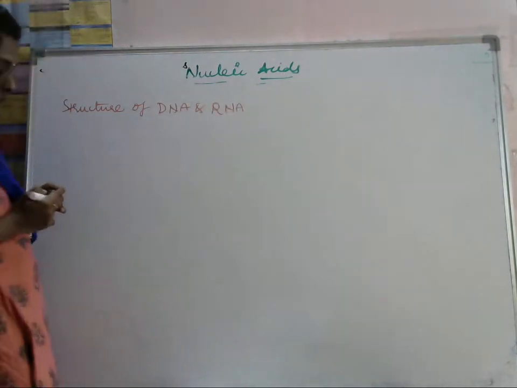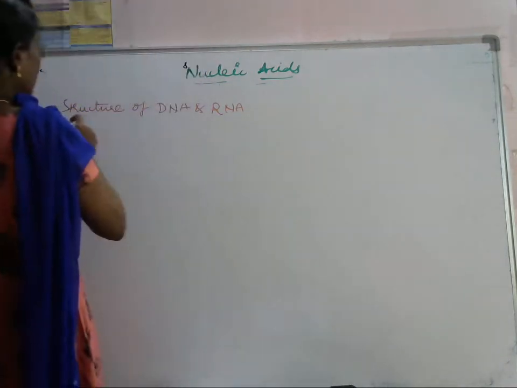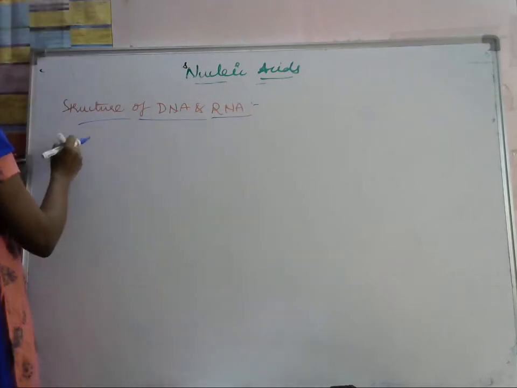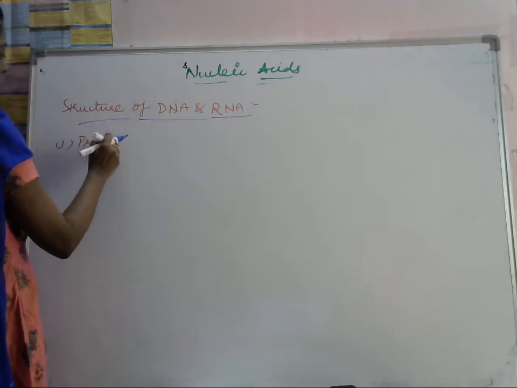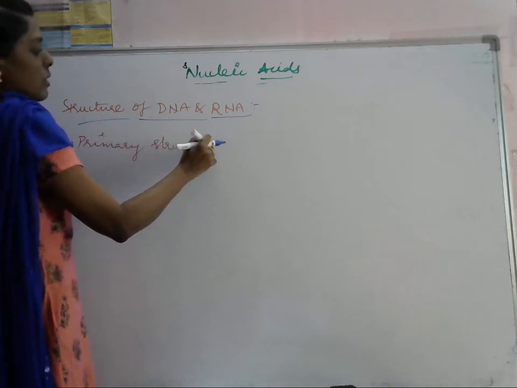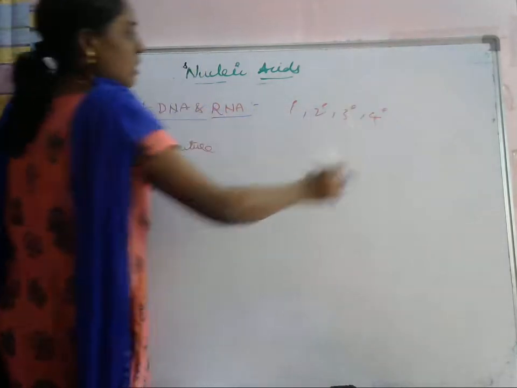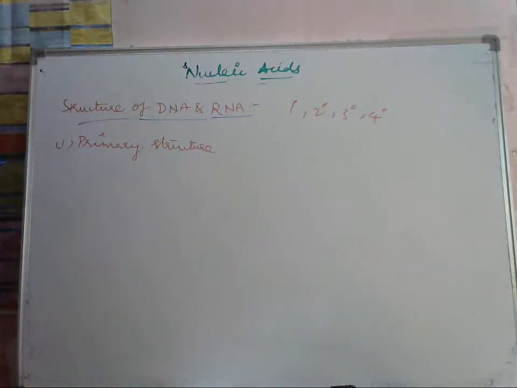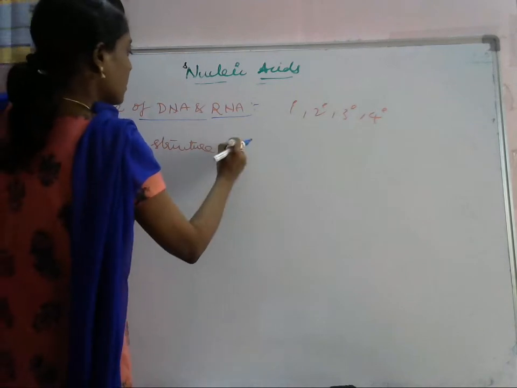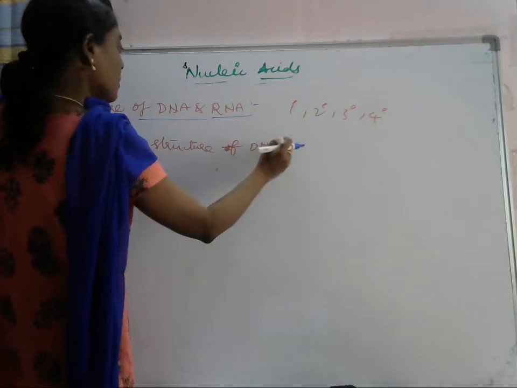First one, the primary structure of DNA. There are primary, secondary, tertiary and quaternary structures. So let's see the primary structure of DNA. Like that we will have the structures.